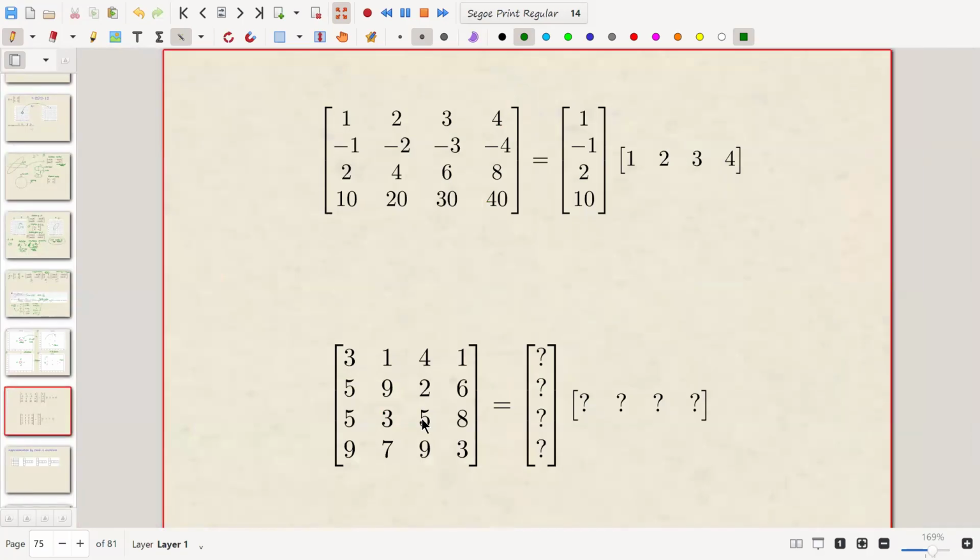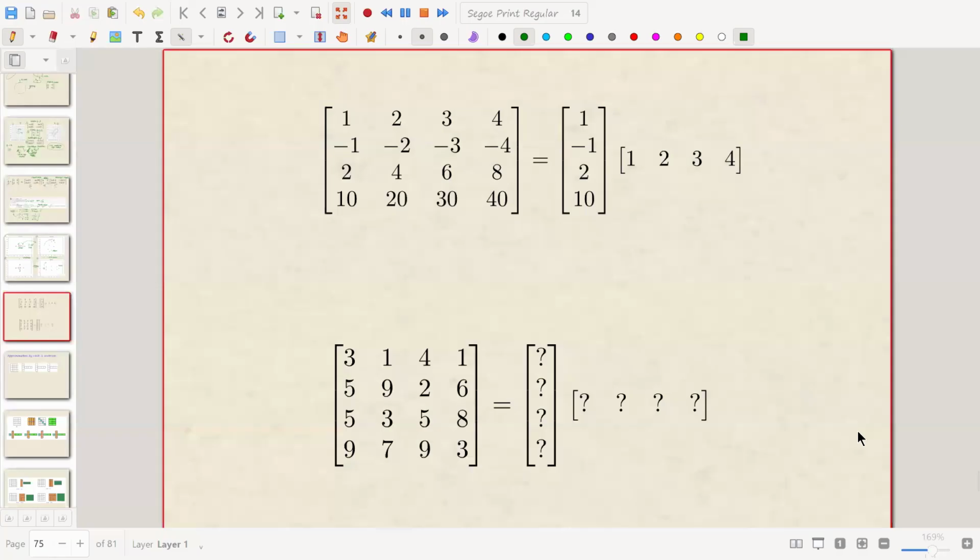Okay, before we do, take a look into this matrix, which I have just put a star mark. 1, 2, 3, 4, minus 1, minus 2, minus 3, minus 4, 2, 4, 6, 8, 10, 20, 30, 40. Okay. Can you see something happening here?